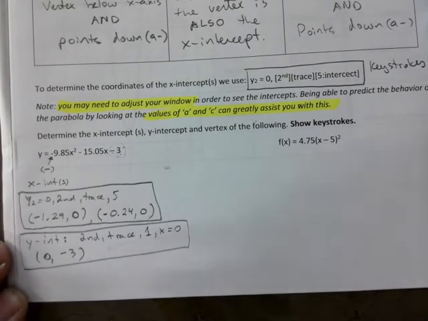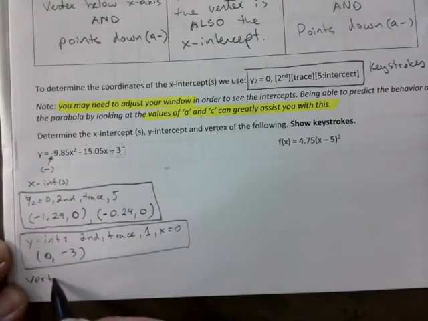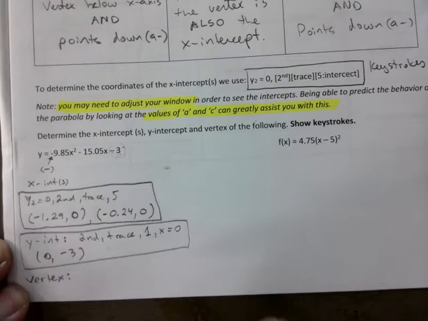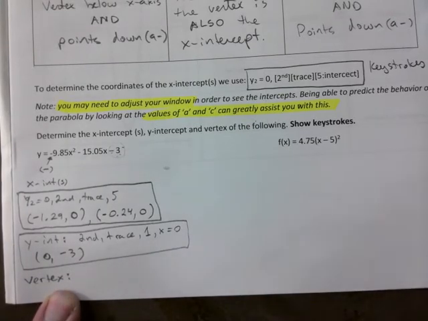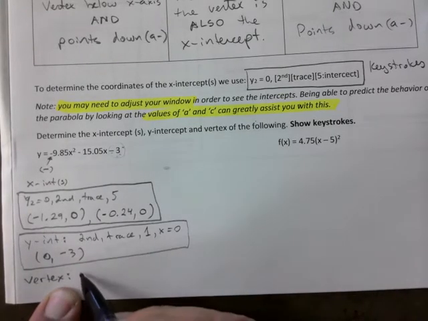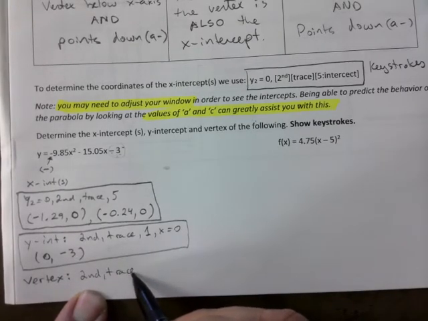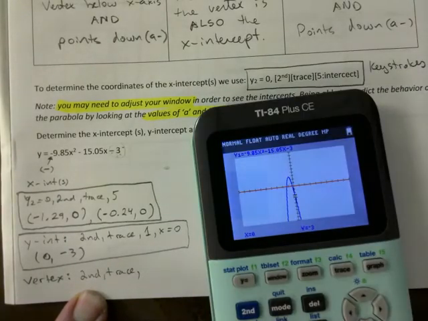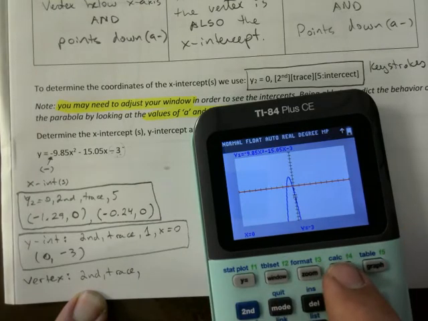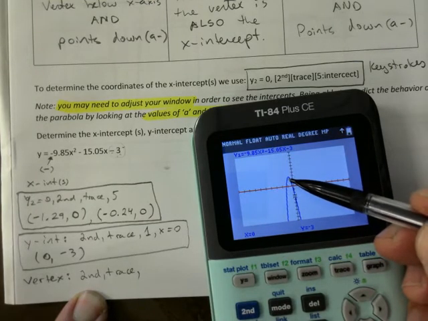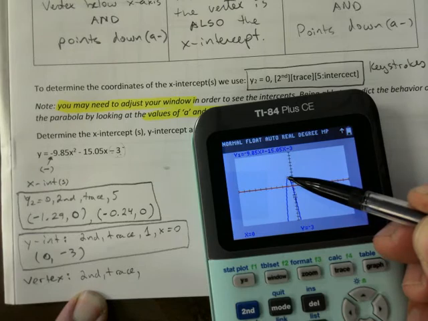And then vertex. You already know the keystrokes from the slide before, but here it is again. You got to go second trace. What are you going to use in this case? Is this a min or a max? It's a max, right?